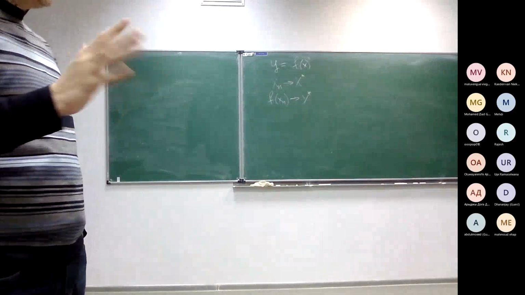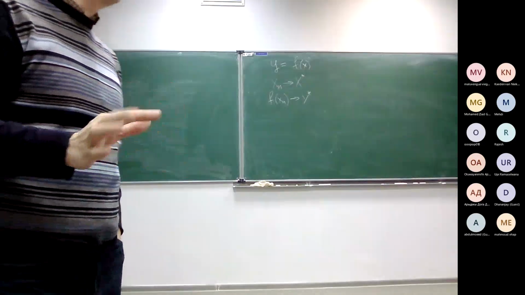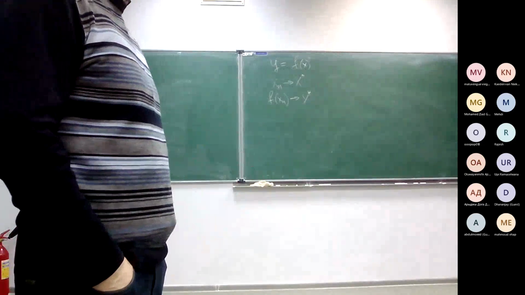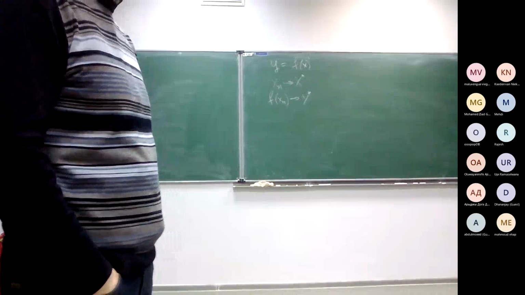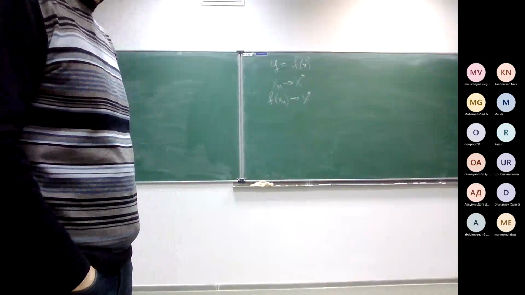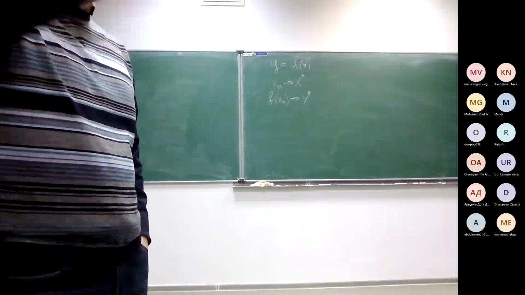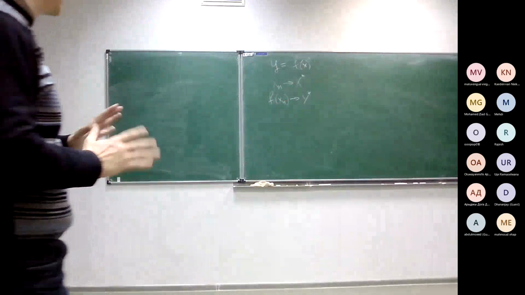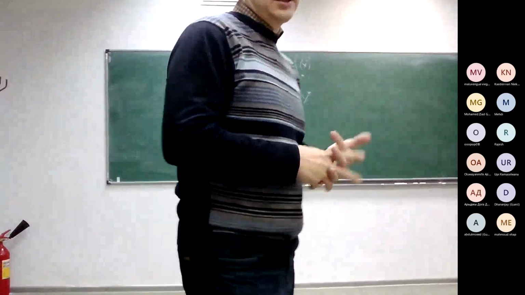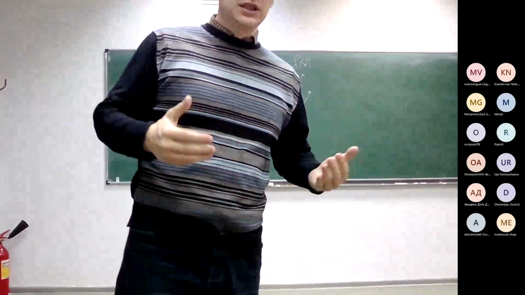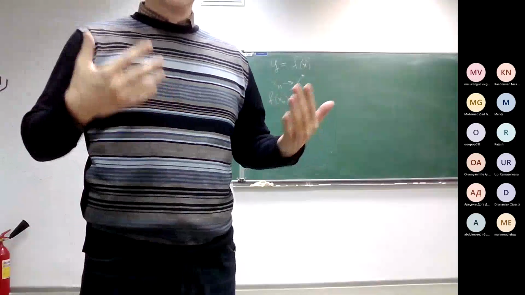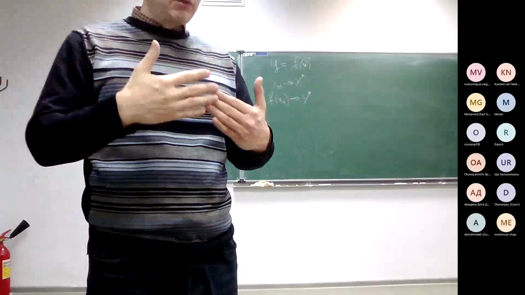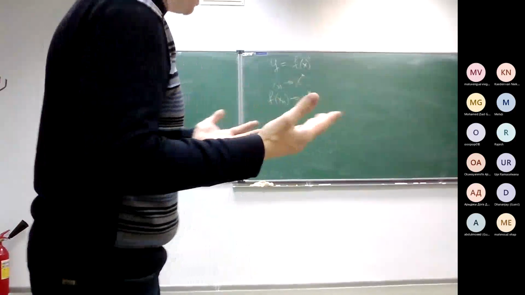The informal definition that students usually give is that the graph of the function is without gaps. Of course, it's not a mathematical definition, but it's an explanation. What function is discontinuous? The function with a gap. And the function without gaps is continuous.